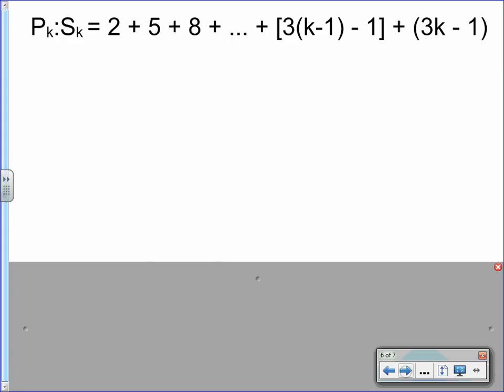This is something that we might see on the other side. We're going to have something like this, and it's going to be equal to something that we saw on the first page.